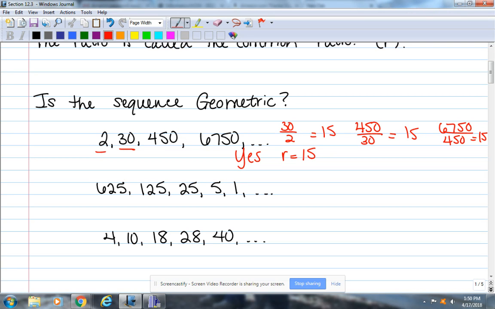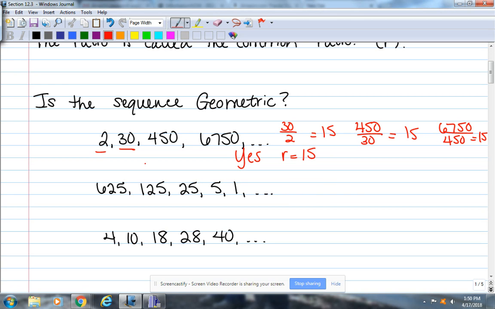So the next one goes from 625, 125, 25, 5, 1. Notice that the numbers are getting smaller every time, right? So if it's getting smaller every time, that means if it is geometric, then the common ratio is a fraction. Okay? So let's do 625 divided by 125. I did that backwards.